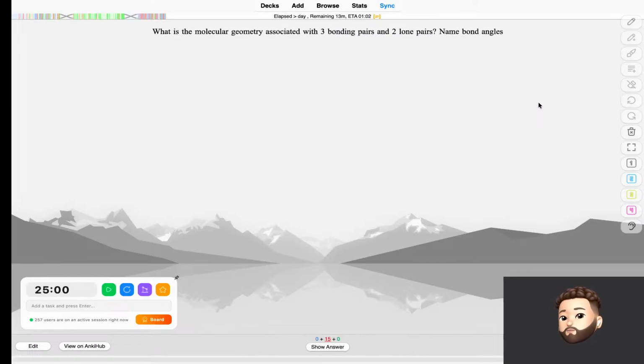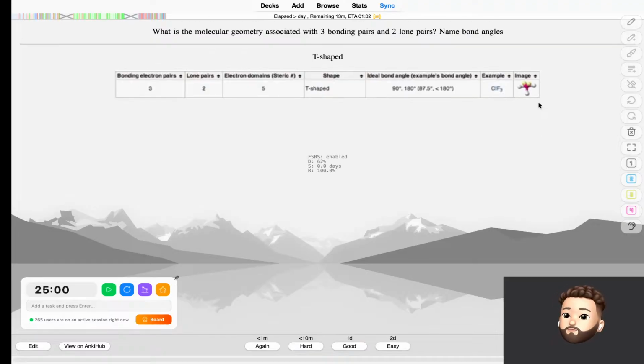Three bonding pairs and two lone pairs. T-shaped. I think it's also 90, 120, and 180. Actually no, I can't say that. It has to be 90 and 180 only.